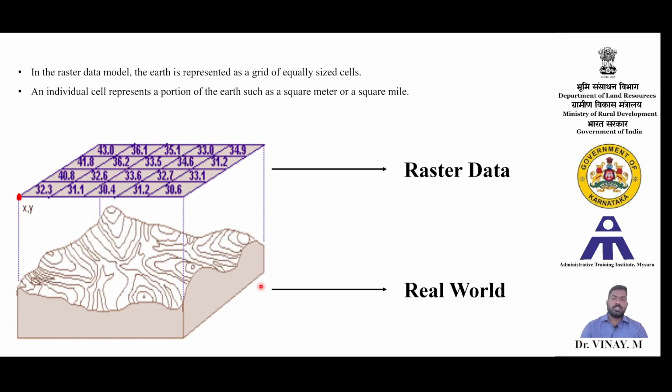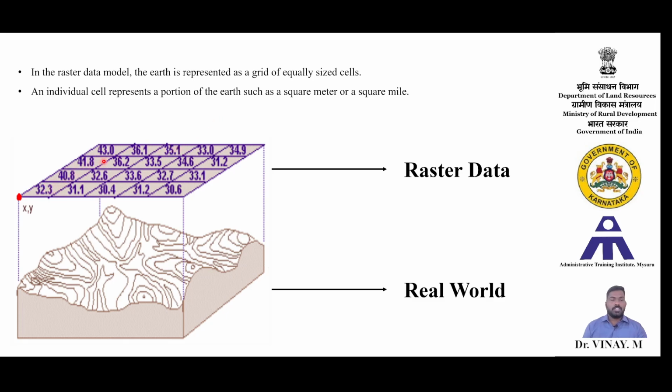But the raster data are mainly used to represent the continuous nature of a geographical space, like temperature. The temperature is continuous across the earth. That means there is no single place without temperature; there is continuity.